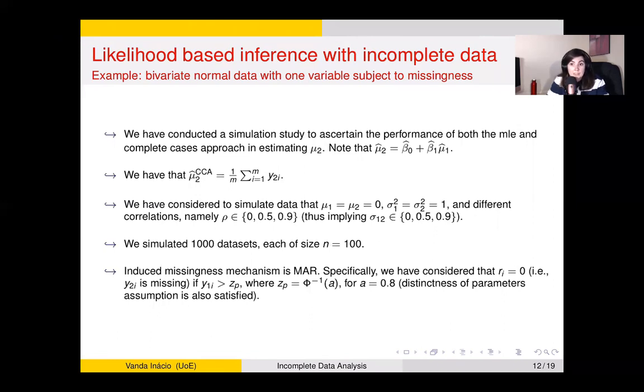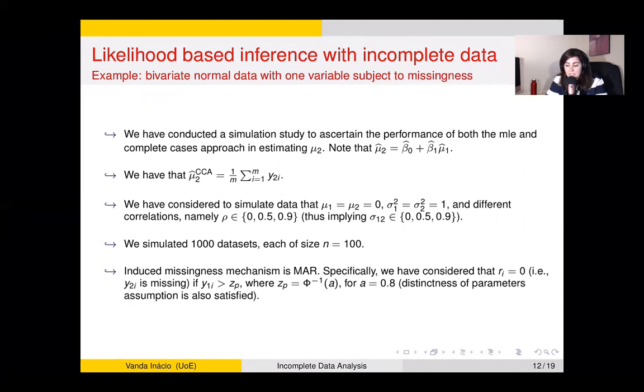It's not a very difficult missing data pattern, but we already had to do something, because the likelihood of the observed data was not manageable from an analytical point of view. But in this case, and this is not always the case, we were able to factorize the joint density, and further the parameters in the factorization were distinct, and that allowed us to maximize the different pieces of the likelihood separately.